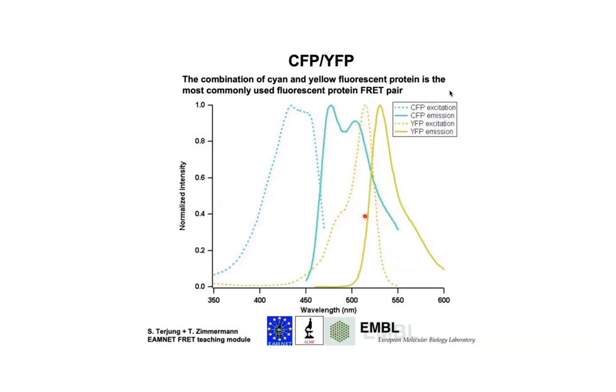And then YFP is going to give off light of a longer wavelength, lower frequency. So what you're actually dealing with is the part where they overlap. You want the emission of your CFP to overlap with the excitation of your YFP, and you can see that there is this range in which they overlap.